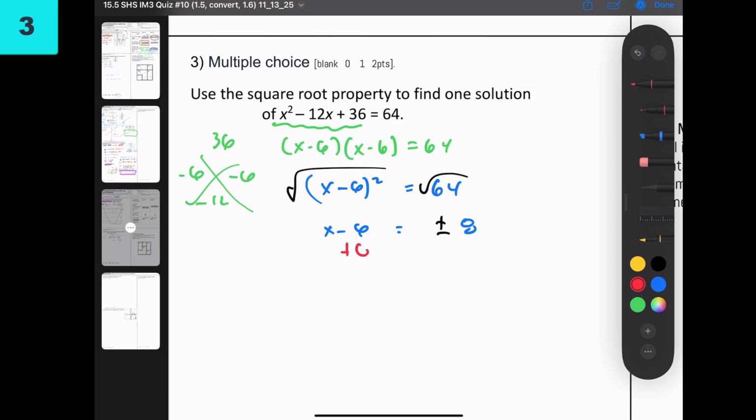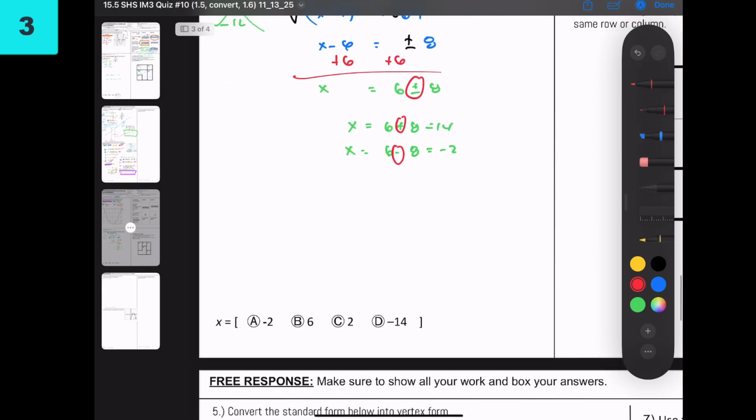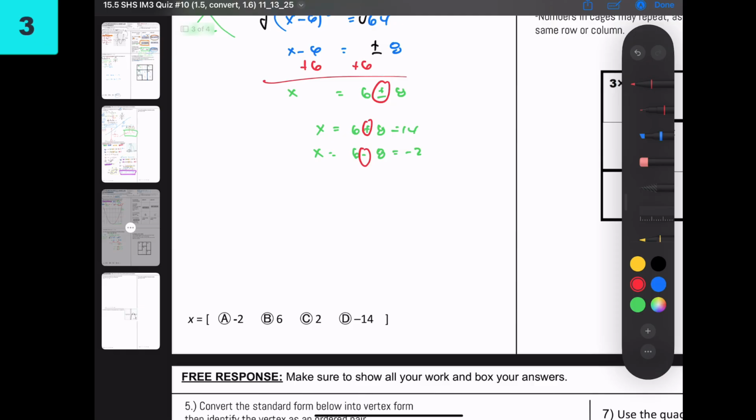Let's add 6. x equals 6 plus or minus 8. So 6 plus 8 gives me 14, and 6 minus 8 gives me negative 2. Notice that's how I split the plus or minus. So 14 and negative 2. Your choice would be A.